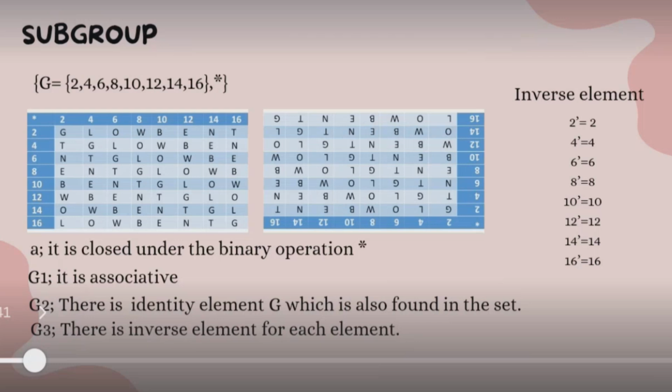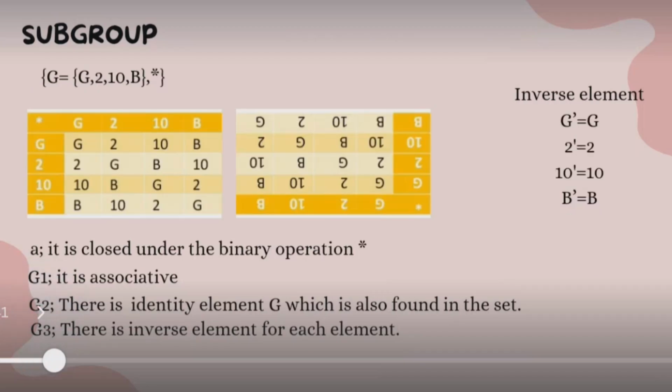Like what we checked a while ago, it is closed under the binary operation star, and it also satisfies the three conditions. It is associative if we turn this table 180 degrees, and it has the identity element G. And of course it has inverse elements: the inverse of 2 is 2, 4 is its own inverse, and so on.